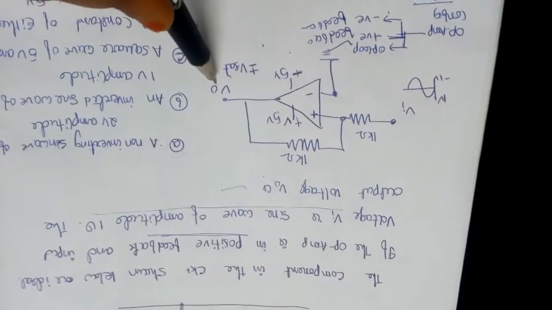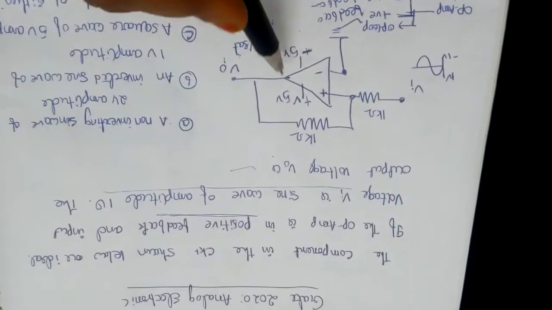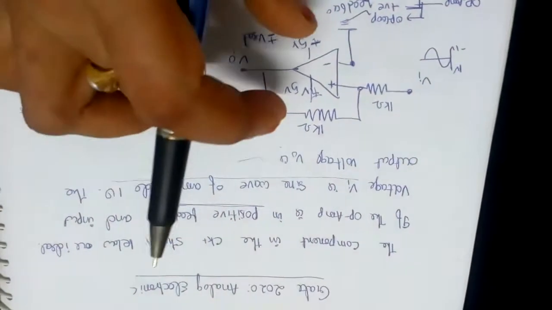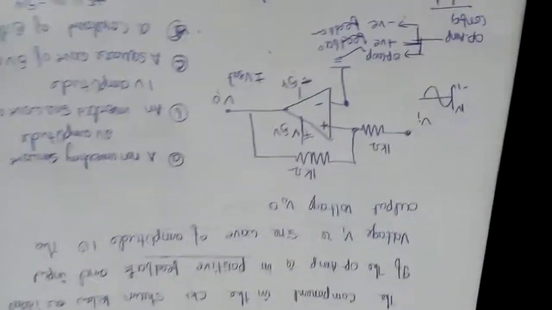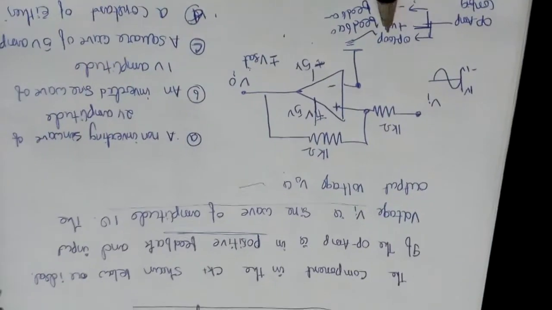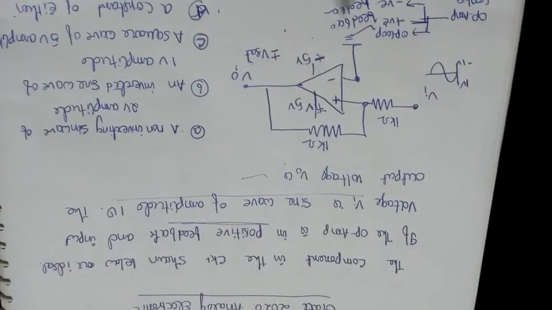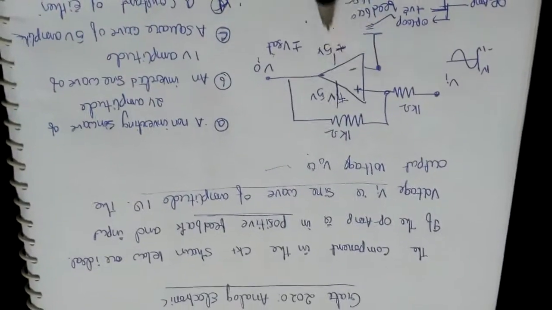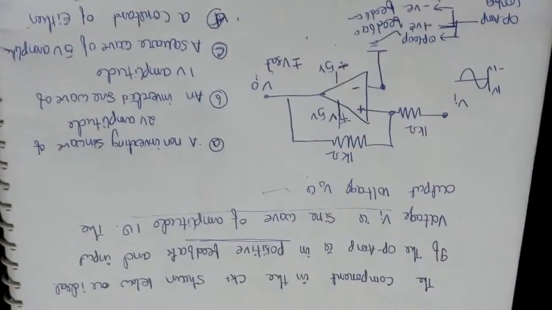The output always swings from plus VSAT to minus VSAT, depending on the power supply voltage. So whenever the gain is infinity, it works in the non-linear region and saturates, limited to the power supply voltages.